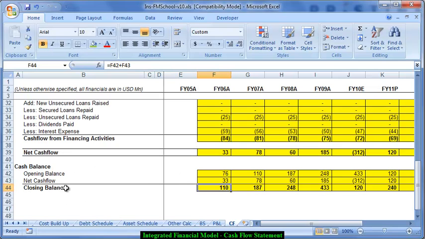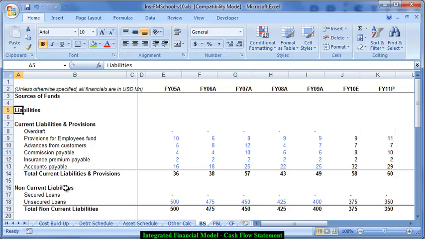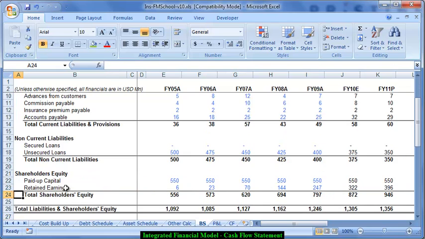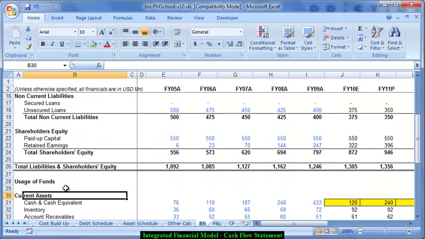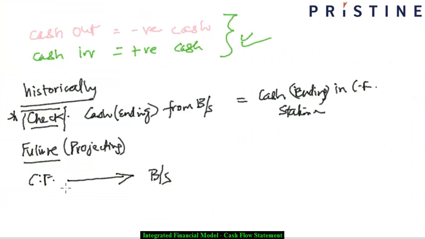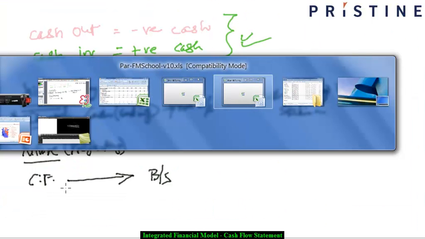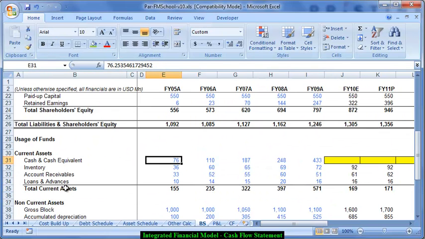Is that okay? So what we are going to do now is that we're going to go to a balance sheet. Okay, we are going to go to our current assets, right? And from here what we are going to do is that link this back to the cash flow statement. Is that okay?